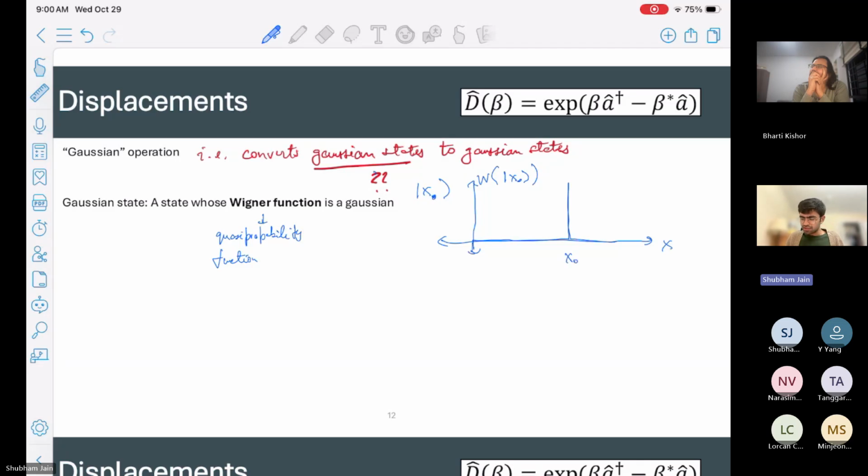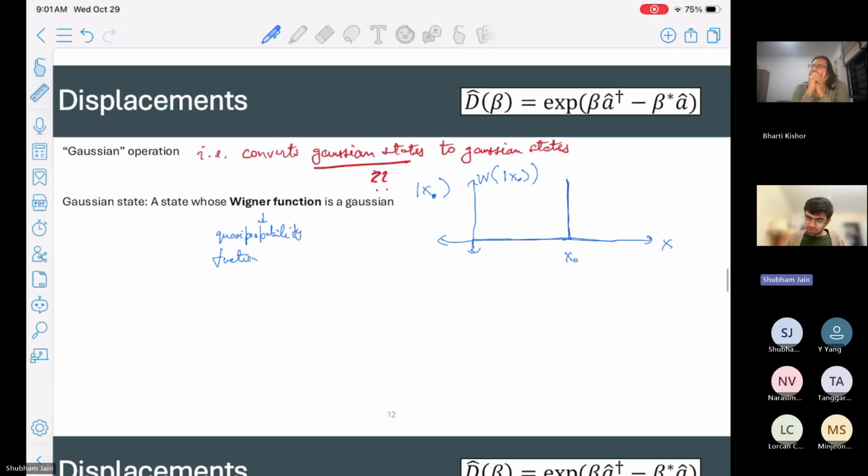So looking at this Wigner function, we will be able to tell that this particle is in the state x0 because there's a peak probability at x0. So this is intuitively what a Wigner function is used for: it's a quasi-probability distribution in phase space. We typically plot it in the phase space, not in any other basis like the Fock basis or the coherent state basis.